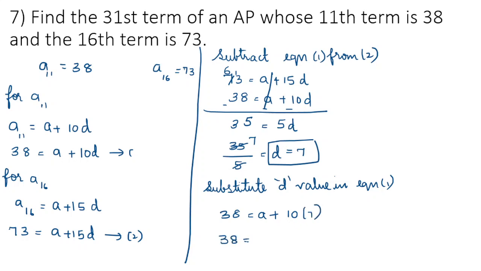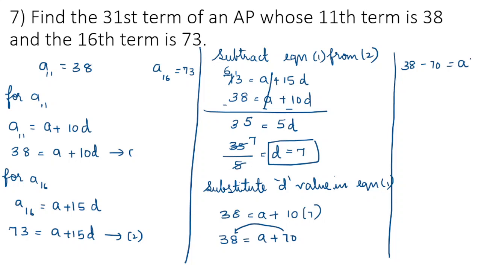So 38 is equal to A plus 70. Then what we have to find out? 70 to this side, isn't it? So 38 minus 70 is equal to A.